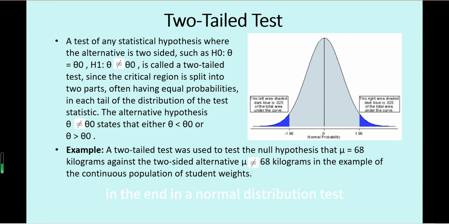If in a normal distribution test you get a value of, for example, minus 2.5, then this test is significant, because minus 2.5 leaves about 0.001 probability in this region, which is much less than 0.025. And this region times 2 is also much less than 0.05, the significance level in this test.